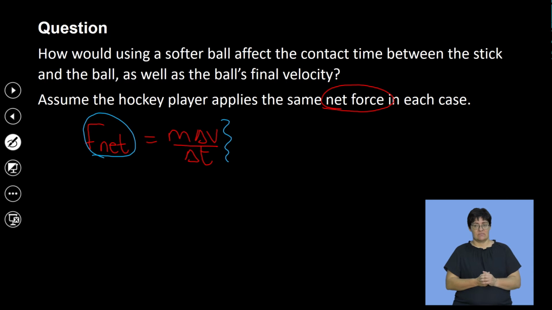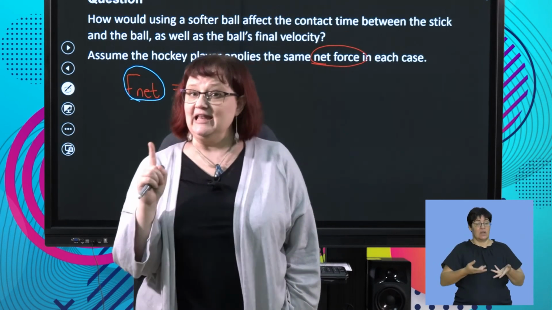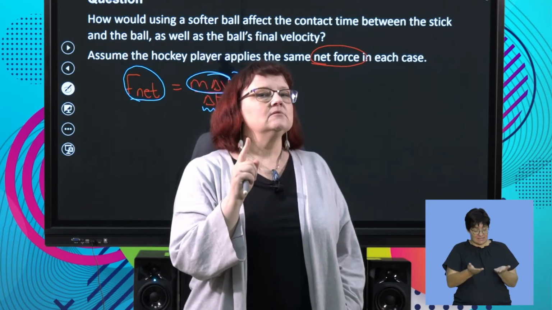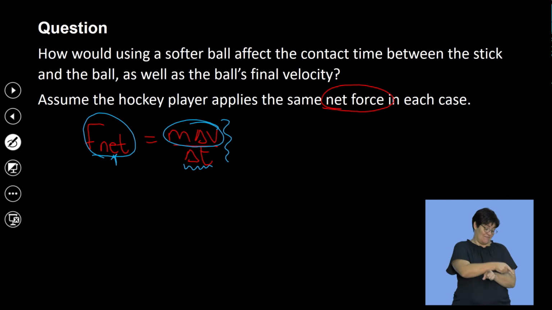If I make the number at the bottom bigger, one of these has to get bigger as well, but the mass is constant. I said a softer ball, not a lighter ball, okay? So mass is constant. In order to get the same calculation answer here, my change in velocity must be bigger.